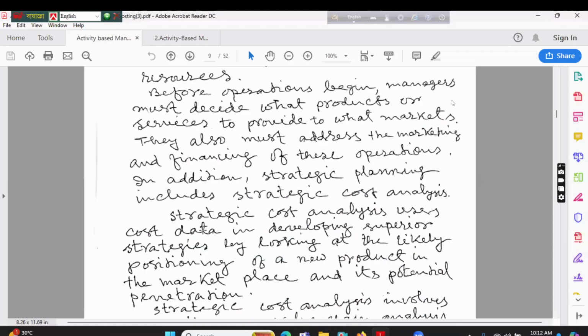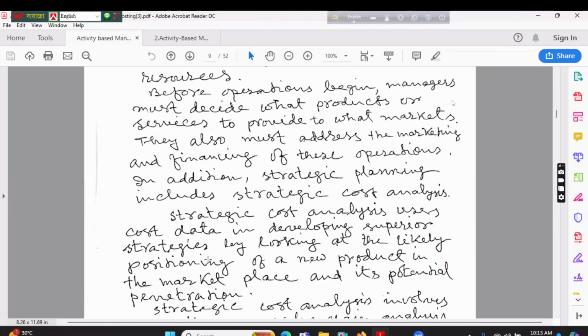Now, what is strategic cost analysis? Strategic cost analysis uses cost data in developing superior strategies.